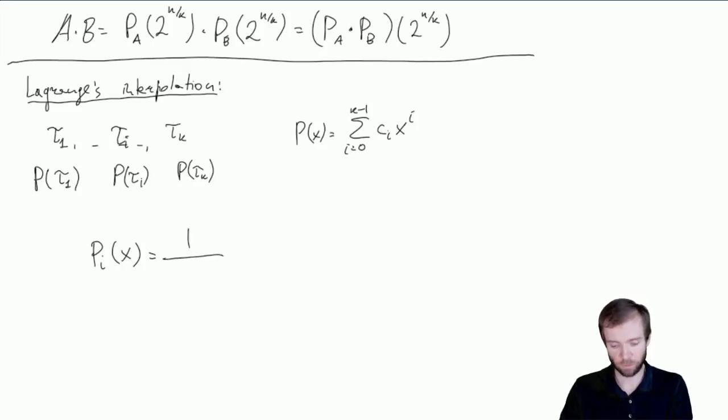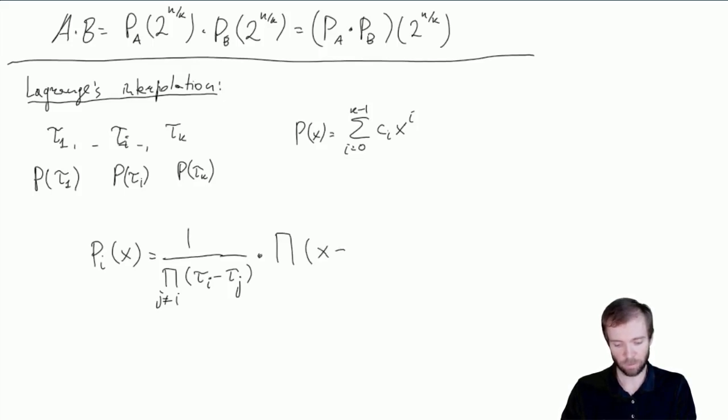It's 1 over the product of terms tau i minus tau j for all j not equal to i. Note that this is just a constant, times a product of linear polynomials of the form x minus tau j, where again j is not equal to i.